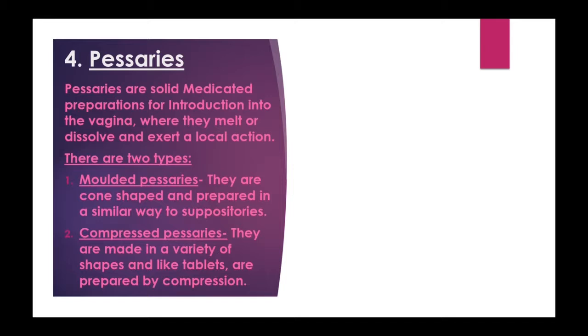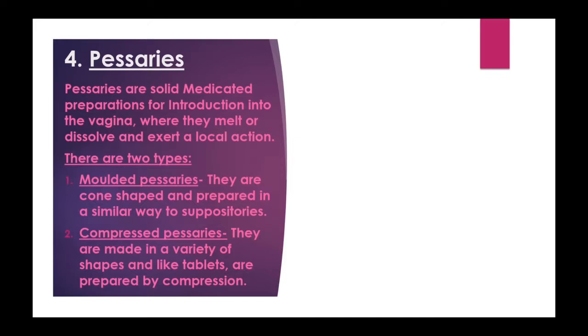Friends, pessaries are of two types. First, molded pessaries. They are normally cone shaped and made in a similar way to suppositories. Next pessary type is compressed pessaries. As the name says, they are prepared by compression, the same way tablets are prepared by compression.